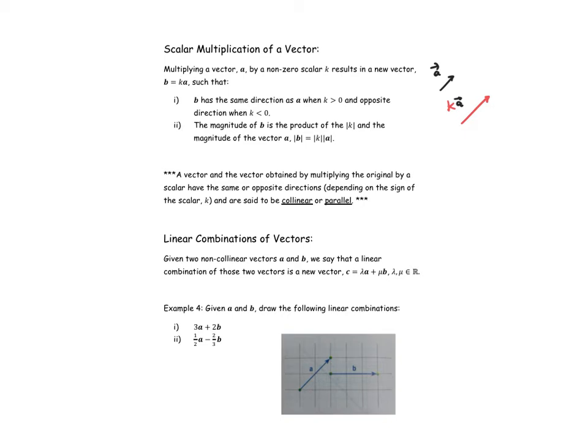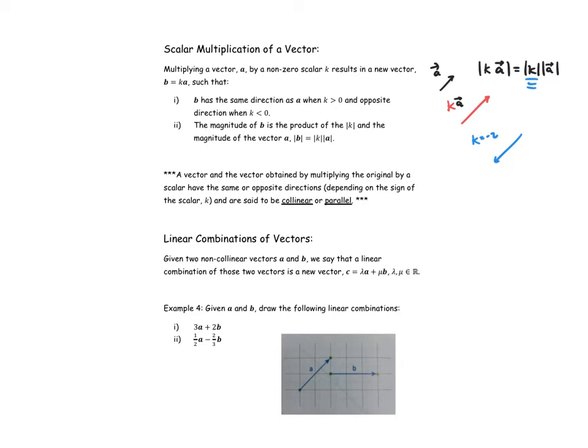The magnitude of ka is going to equal the absolute value of k times the magnitude of a. Because technically speaking, let's say k equals -2. There's absolutely no difference in the magnitude of those two vectors, just the direction. That's why we take the absolute value of k times the magnitude of a.